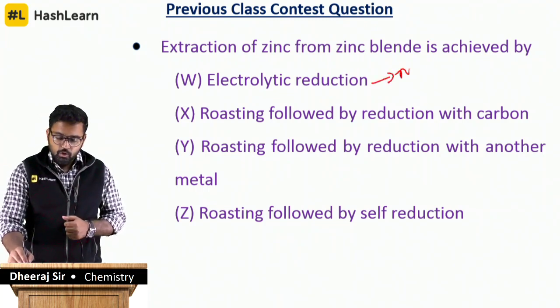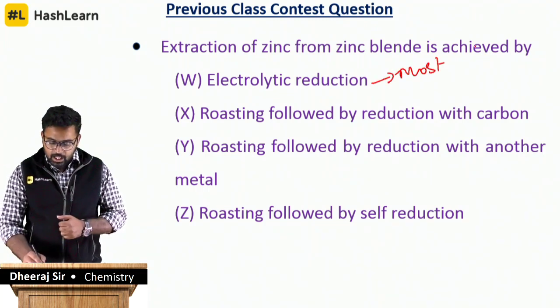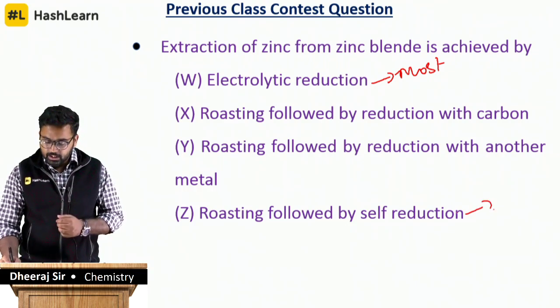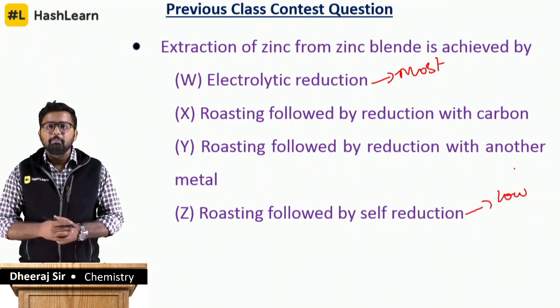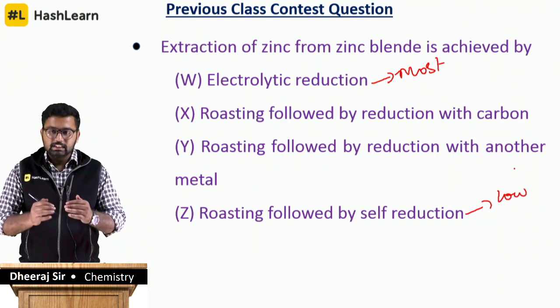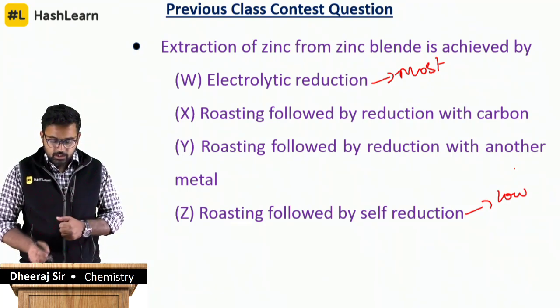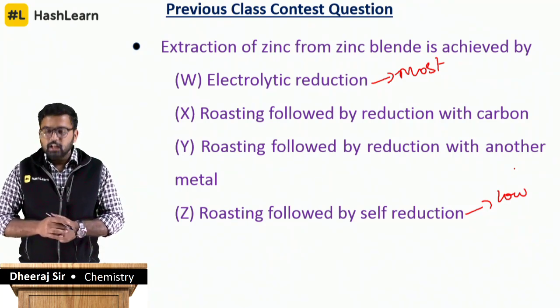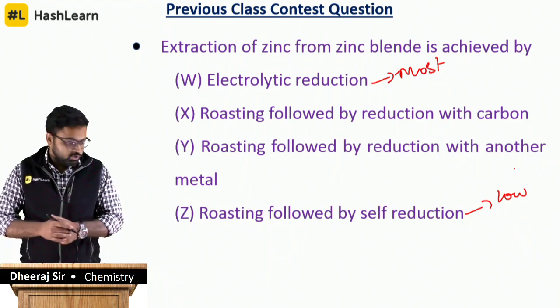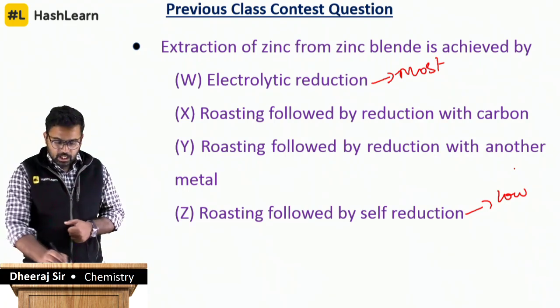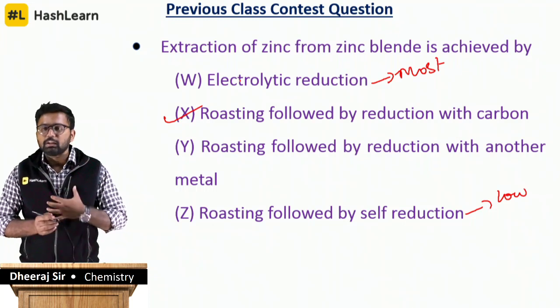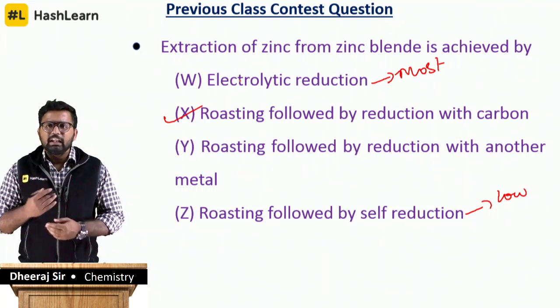Electrolytic reduction is for the most active ones and self reduction is for intermediate to low reactive ones like copper, and since zinc falls in between, it has to be roasting followed by reduction with carbon or roasting followed by reduction with another metal. So the answer is roasting followed by reduction with carbon, because carbon is pretty inexpensive.